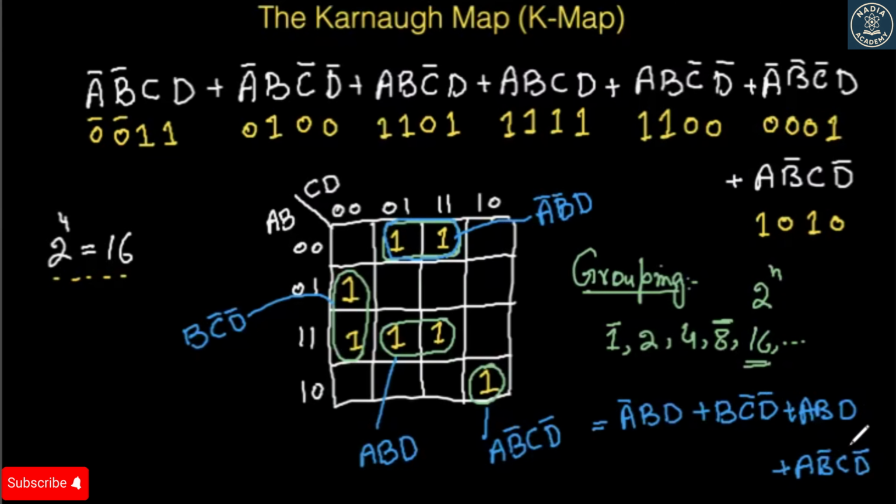So only these four terms are left behind. So this is the simplest form of our result. Now we can take a few more examples where we draw only the tables, and then we will try to find the groups and the solutions as well.